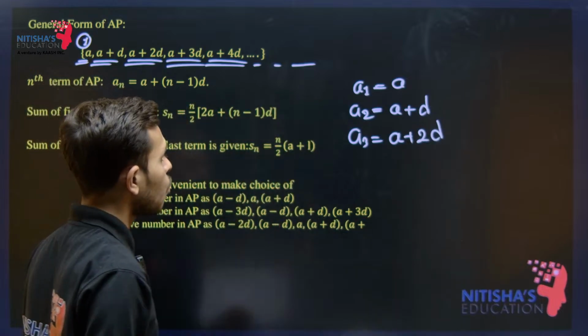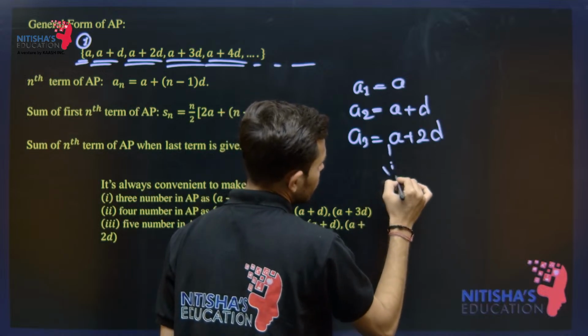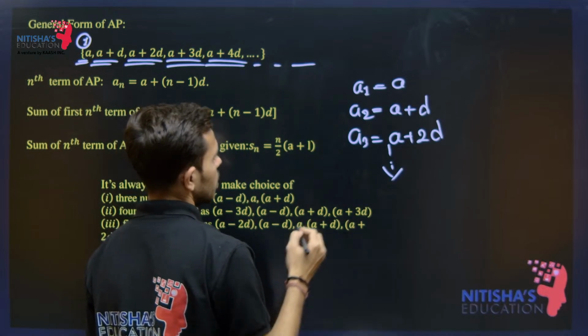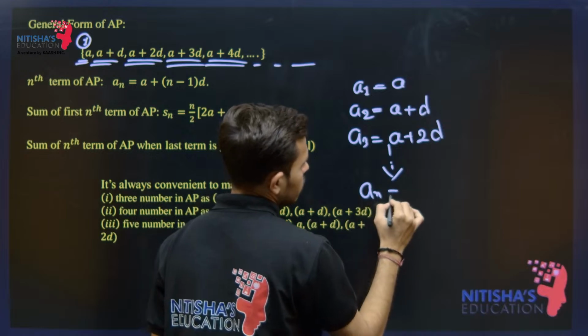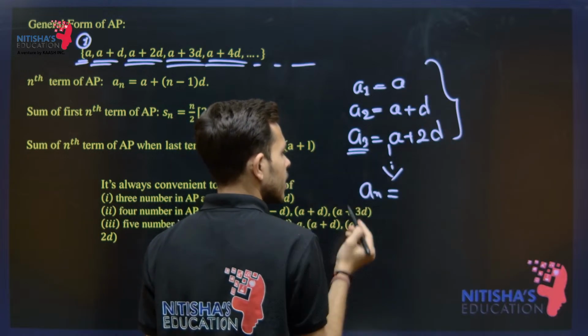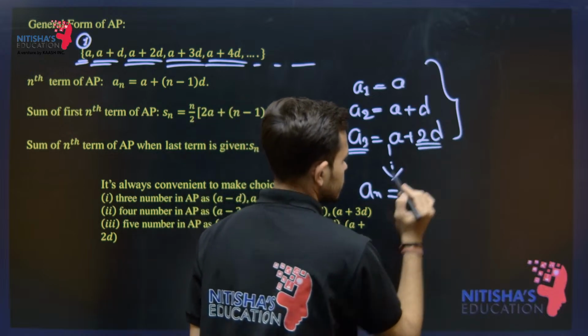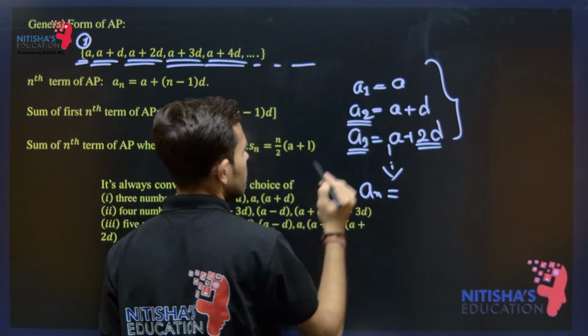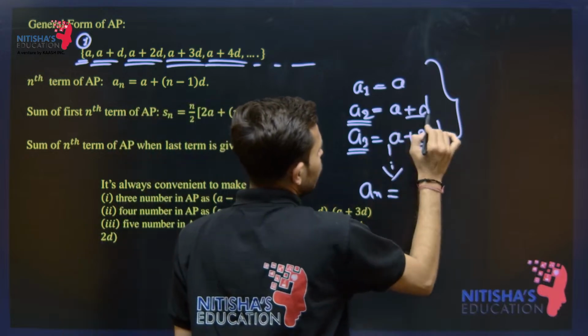Likewise, if you want to find the nth term of our arithmetic progression, which is an. If you observe here, if I want the third term, then I have to add d twice. If I want the second term, then I have to add d once.